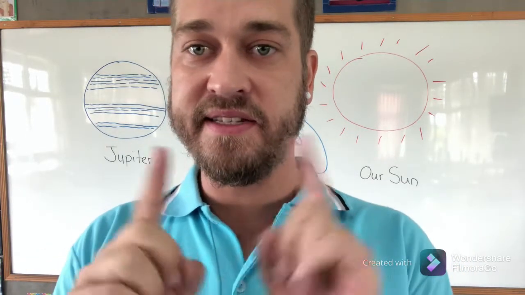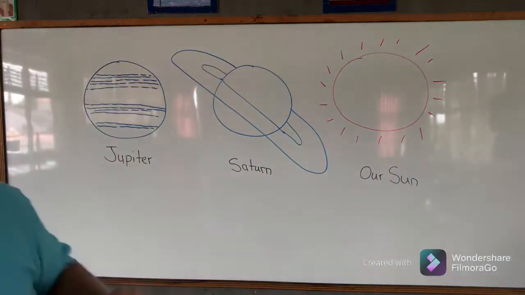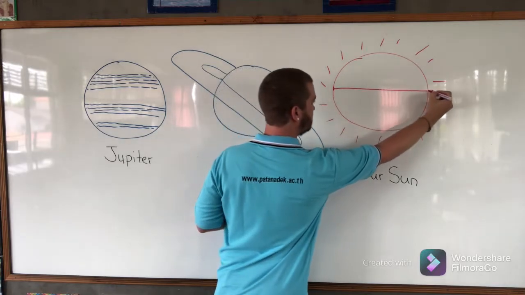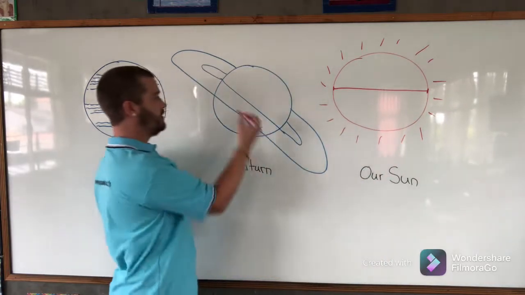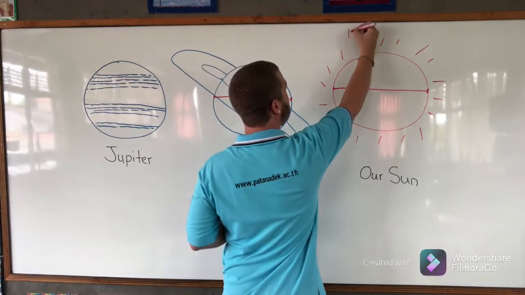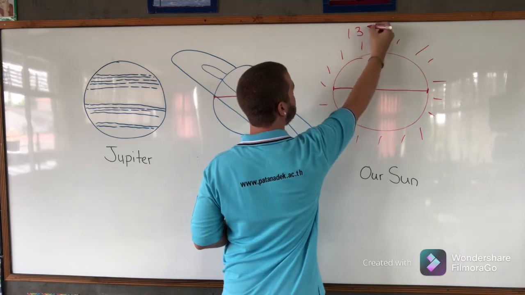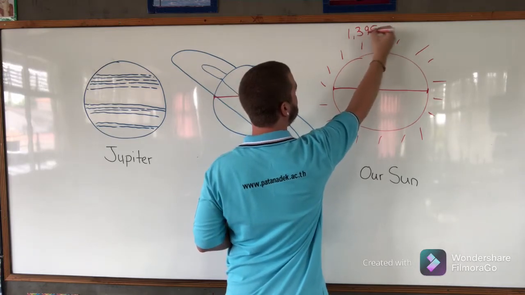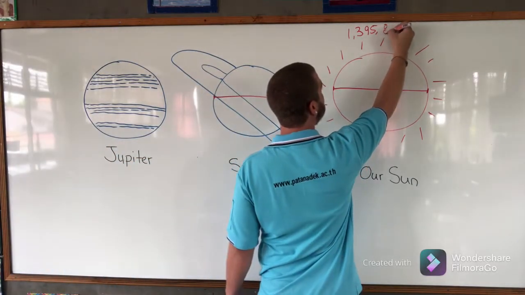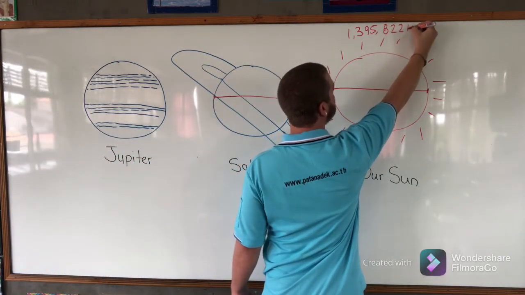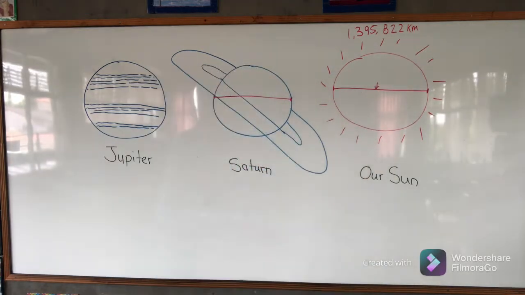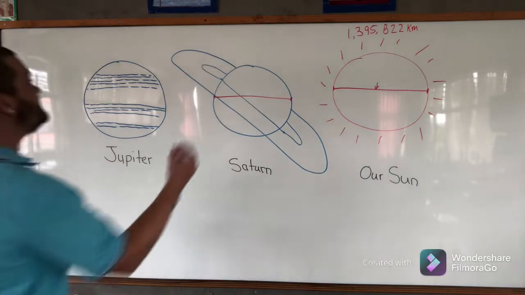And it gave us a diameter, and a diameter is simply from one side of the circle to the other side of the circle. The sun's diameter is 1,395,822 kilometers in diameter. So that's this number right here. Saturn is 116,000.